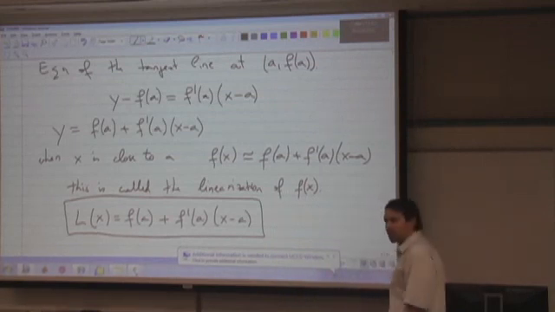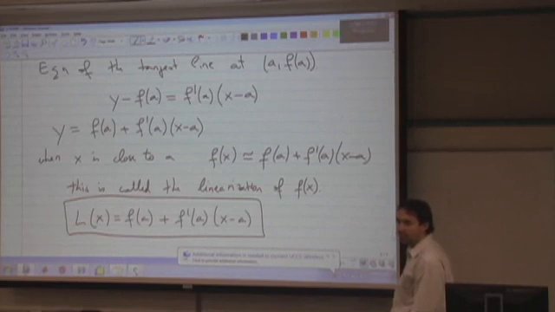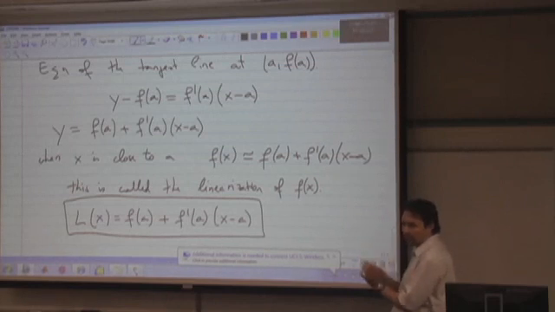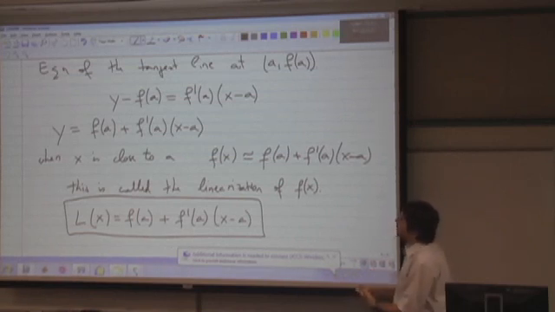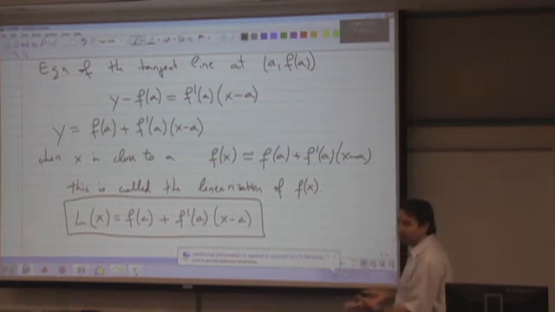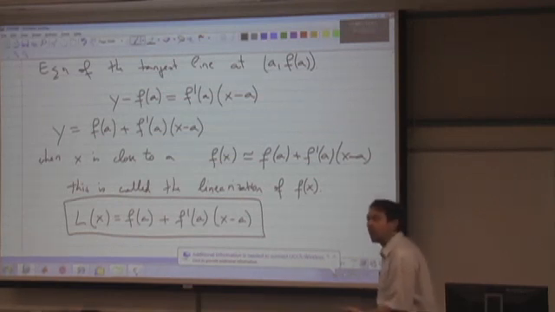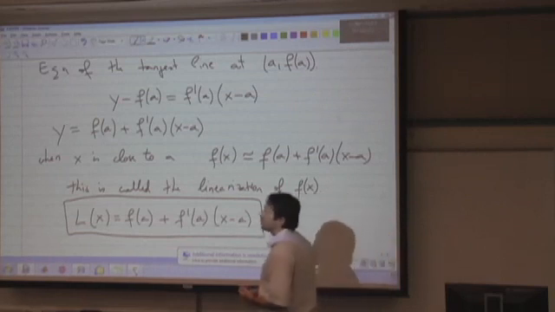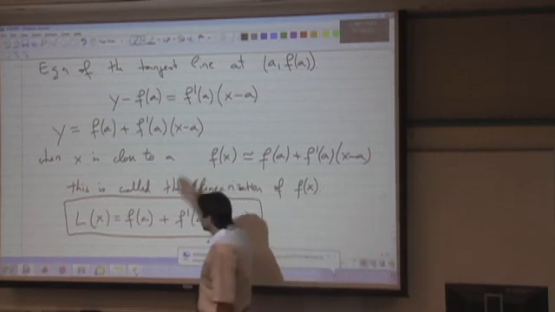Remember the equation of the tangent line. Remember what tangent lines do, right? They touch the graph in one particular point, right? And remember what happened when we talked about tangent lines. As you get closer and closer to that particular point, the graph and the tangent line are basically going to be almost exactly identical. Okay? So the idea is, if you have a function that's relatively ugly, but you want to figure out approximately what the value of the function is, you can use this linearization.